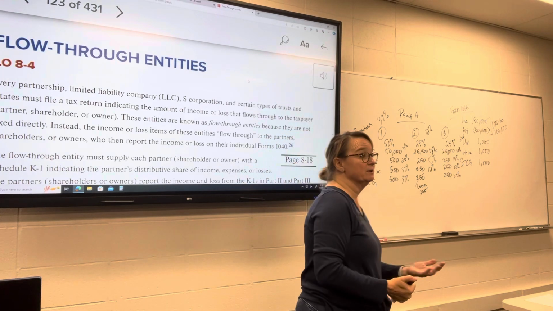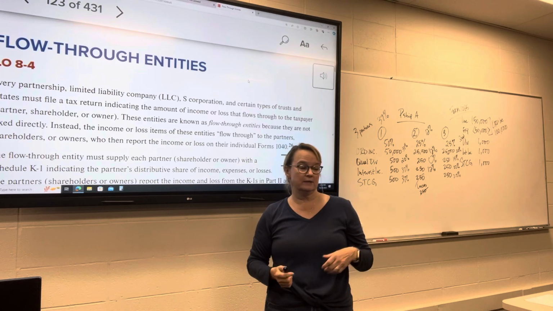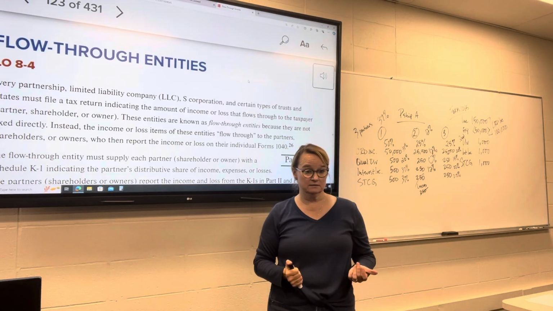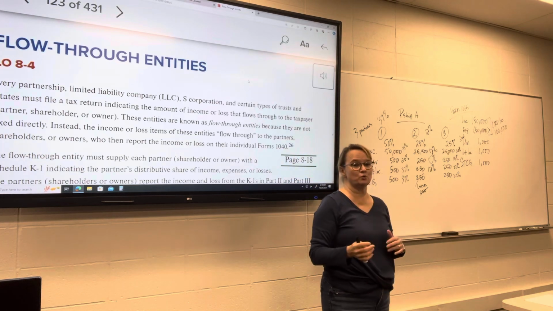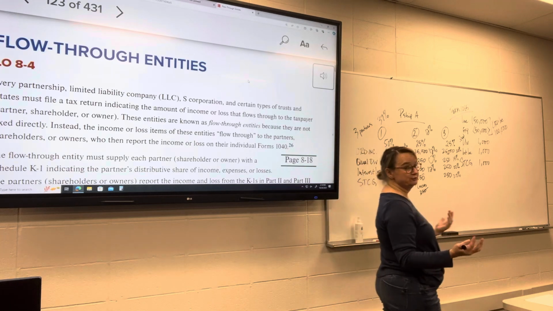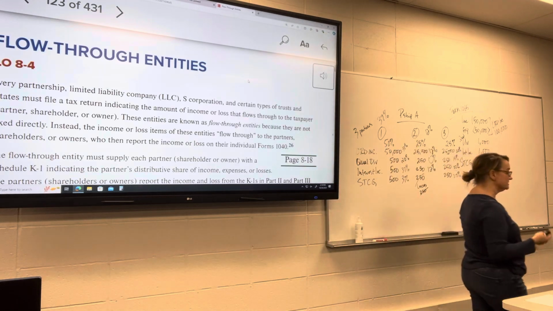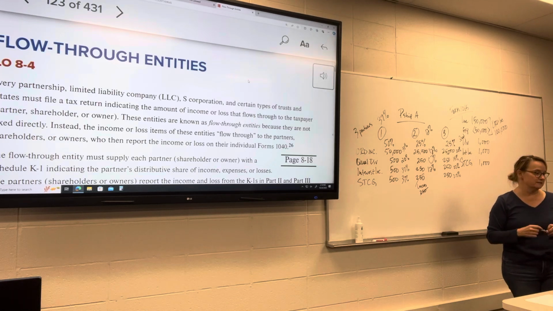It's going to combine with other income that they have on their tax return. So like the capital gains with the netting. It's going to be treated differently for each individual partner. But all of it then, that's where the term flow through, pass through comes from. It all passes through to the partners, and they pay at their own tax rates.